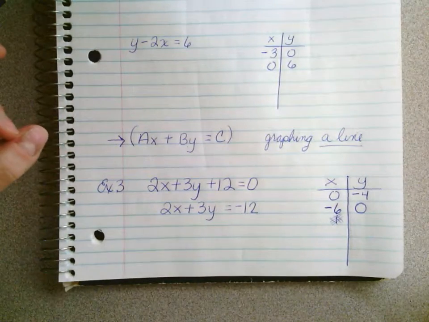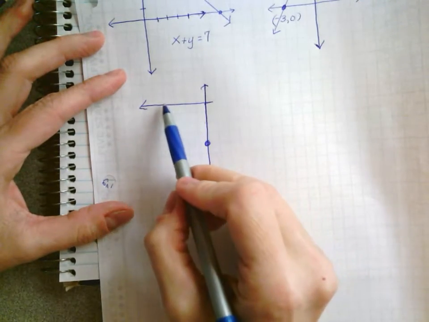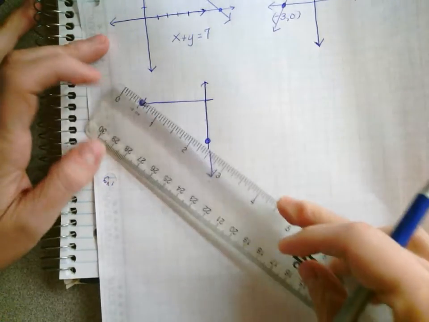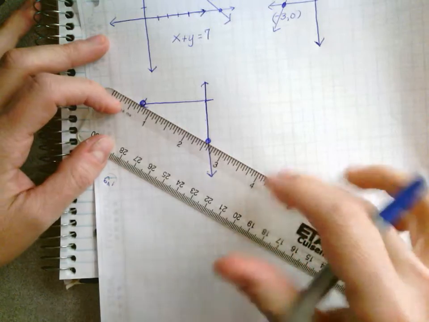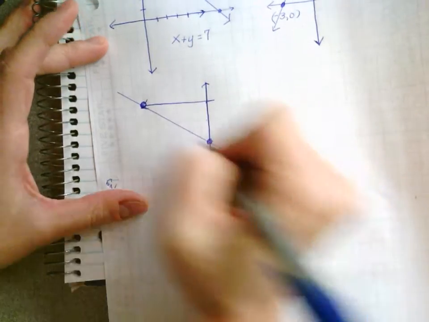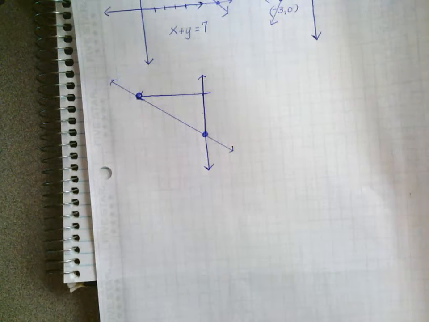And over negative 6, down 0. 1, 2, 3, 4, 5, 6. Anything on that line should work. Okay, that would be the graph.